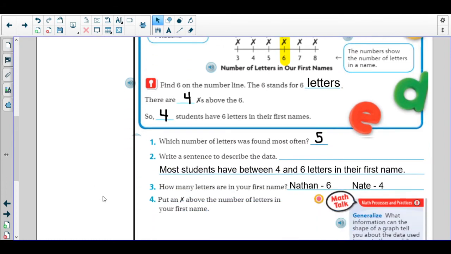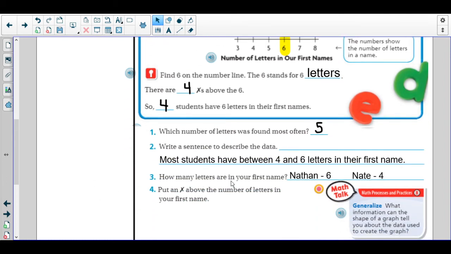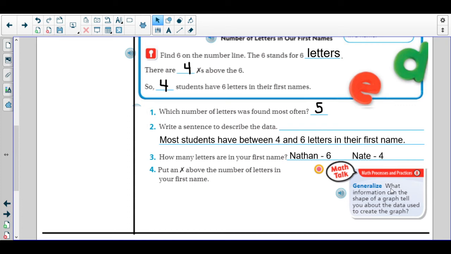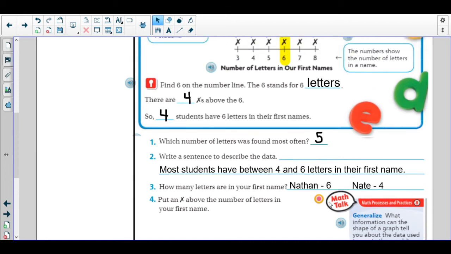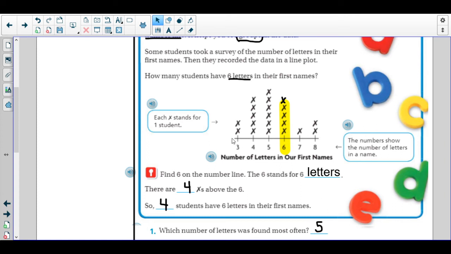Now, this one down here is really important, just to look at what information the shape of a graph can tell you about the data used to create the graph. Well, this has a really interesting shape to it, and it's what we would call a bell curve.